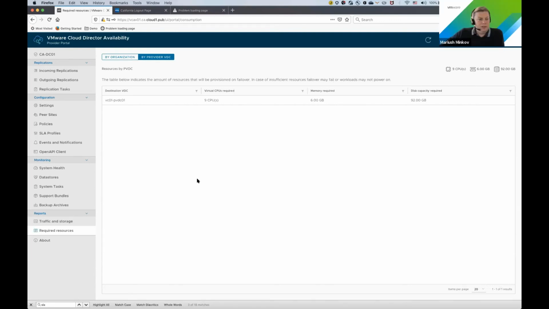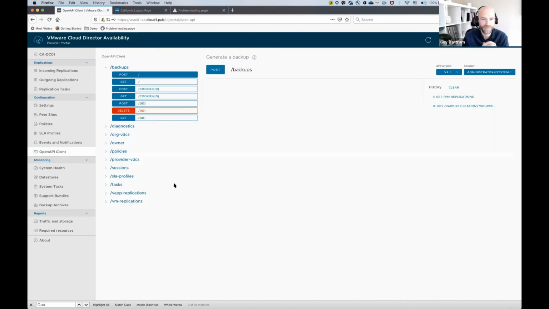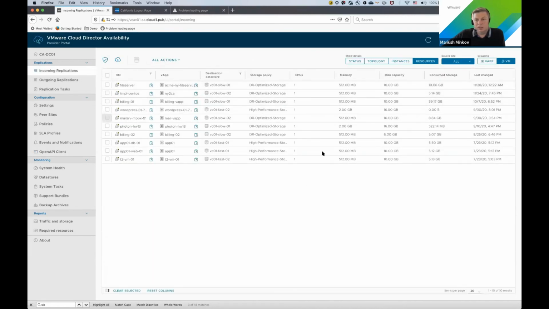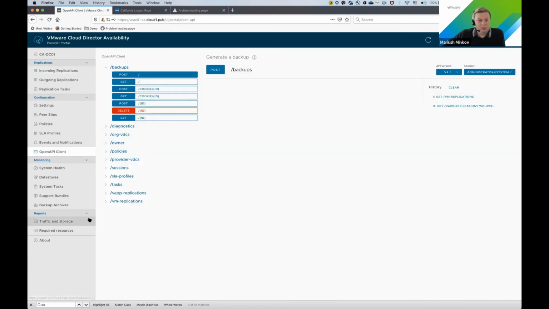Well, the favorite way for me to browse the API is through the Open API client. It actually integrates with my current session, so I can directly start running API calls from here. And practically one of the most important APIs, which is powering this incoming replication screen, and both the incoming and outgoing, is the VM Replications API endpoint.